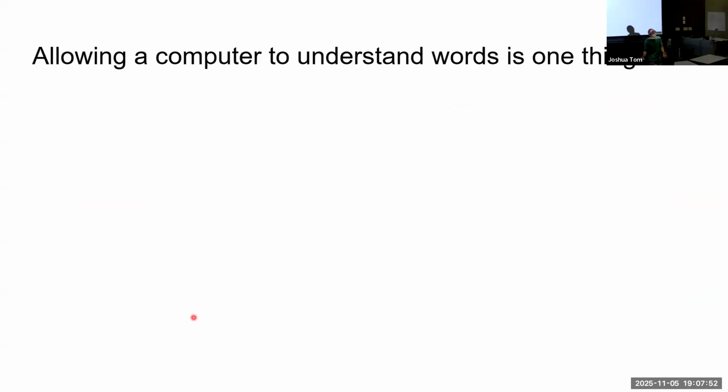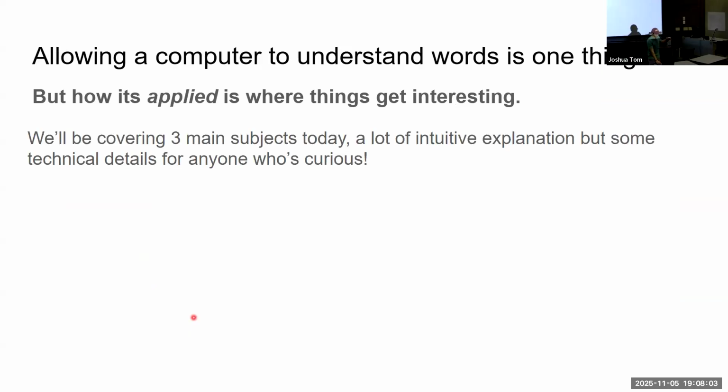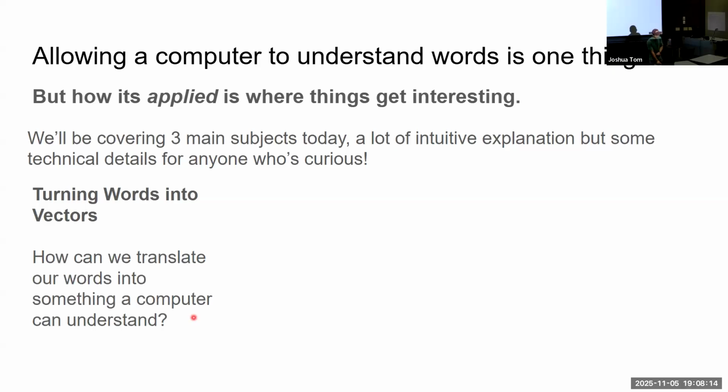So just allowing the computer to understand words is one thing, but applying the computer's knowledge is something entirely different, but also the most interesting part. So we'll be covering three main things throughout this. The first thing is translating, so representing a word for a computer so it's understandable. The second thing is using these words with neural networks so that we're able to get something out of it, not just putting the word apple into something a computer can understand.